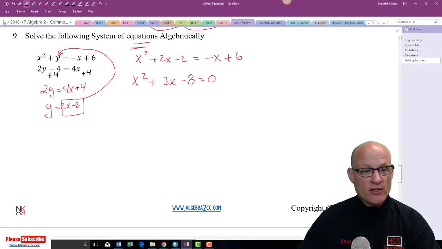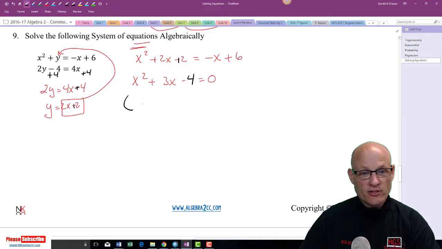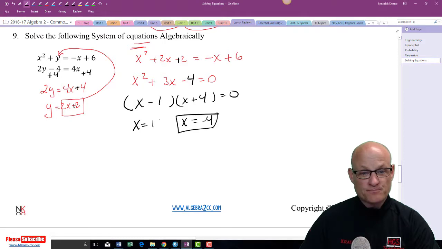Add 4, and then this should be plus 2, which would make this plus 2, which would not make this negative 8. It would make this negative 4, and that works out much nicer. So x minus x plus, this is 1 and this is 4. So it looks like my two answers are x equals 1 and x equals negative 4.